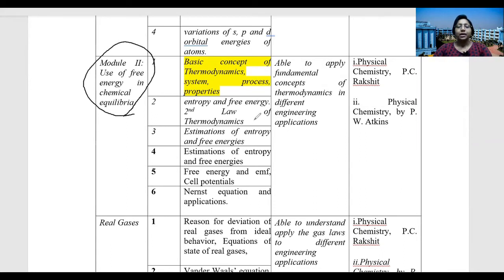Today I will start, as already highlighted, with the basic concept of thermodynamics: system, process, properties. And students will be able to apply fundamental concepts of thermodynamics in different engineering fields.